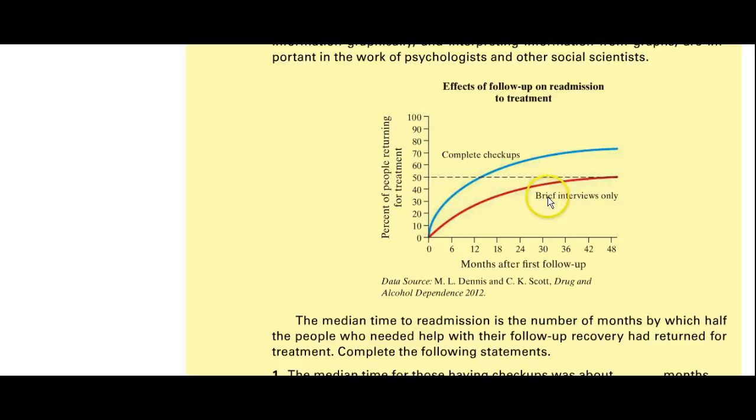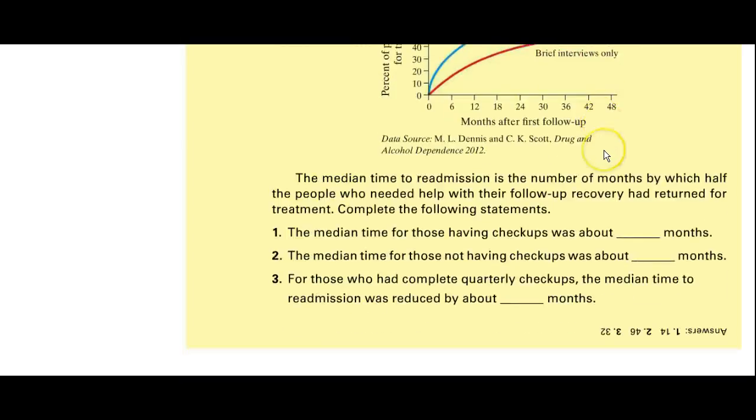Here the red line indicates a brief interview, and the blue line complete checkups. We notice there's a much higher percentage of people returning for treatment when they've had a complete checkup, and they ask some questions about it. The answers are given down below.